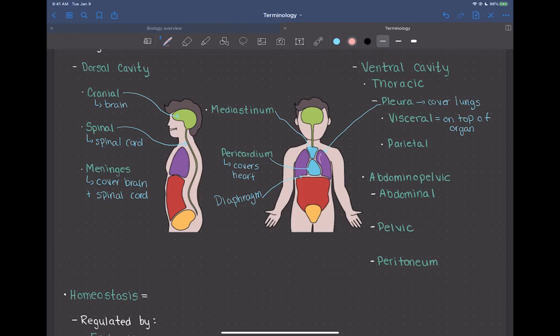If the lungs are located inside of this cavity, that visceral pleura would sit directly on top of the lungs here. So that's visceral: it sits directly on top of the lungs. And then parietal is going to be the pleura, or the tissue, that lines the cavity wall.